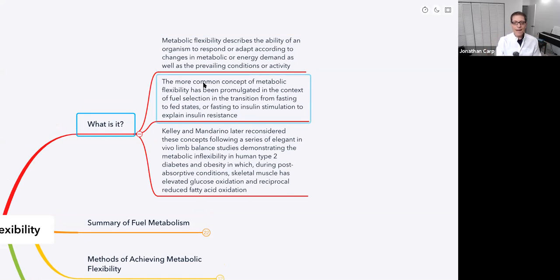The more common concept of metabolic flexibility is in the context of fuel selection, going from a fasted state to a fed state. And what is really going on in your body when you're switching between those two things is an indicator of your metabolic flexibility.